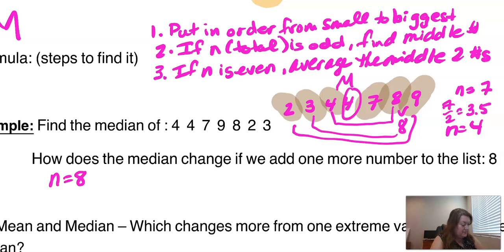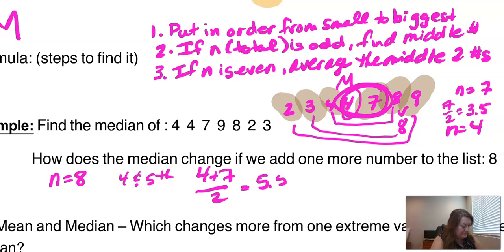So the middle numbers would be the 4th and 5th numbers, so I would have 4 and 7. I'd add those together and divide by 2, and I would find 5.5 would be the median.